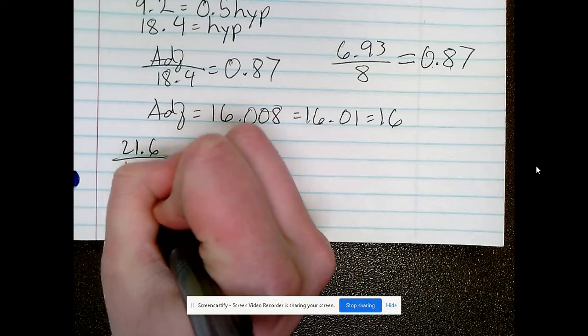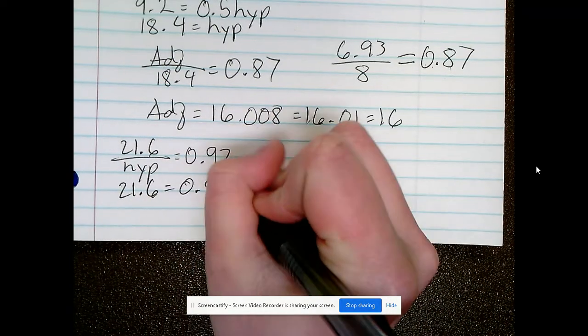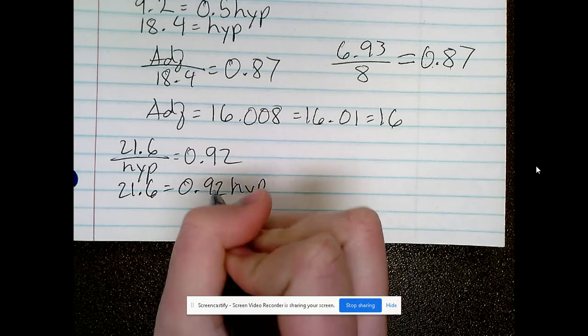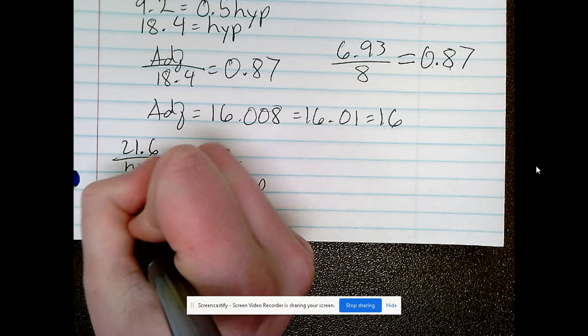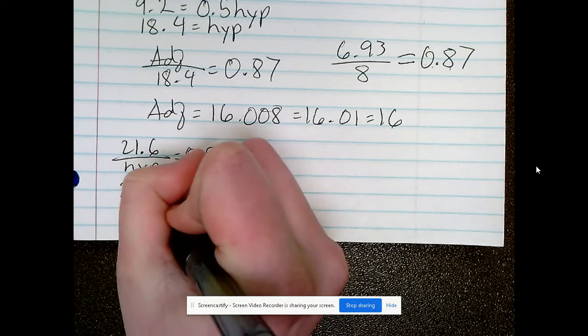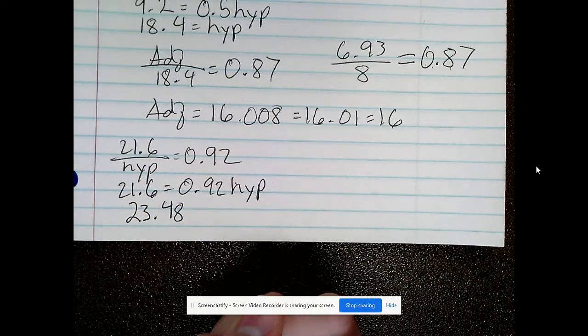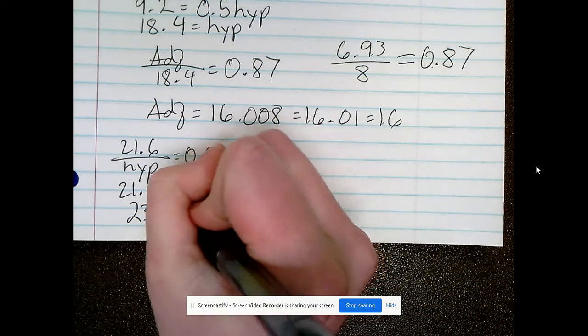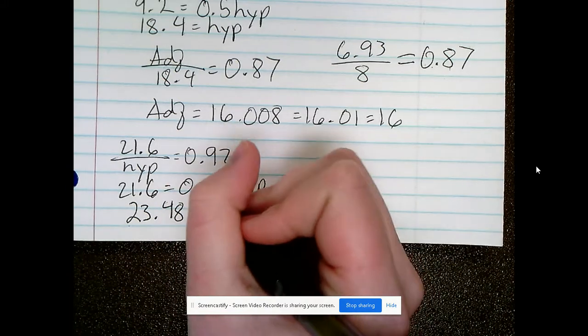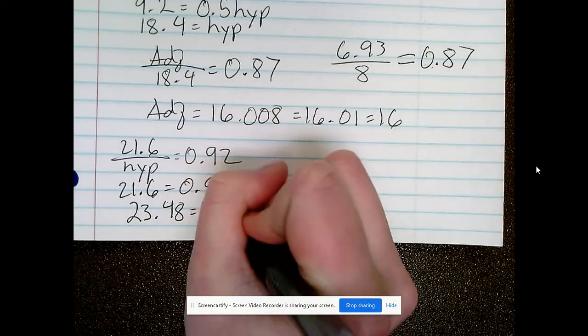So we get 21.6 equals 0.92 times the hypotenuse. And then divide both sides by 0.92. So we have 21.6 divided by 0.92, and we get 23.48. It's actually 23.4782609, but since we're rounding to 2 decimal places, we're rounding it to 23.48. So this is how long our hypotenuse is.